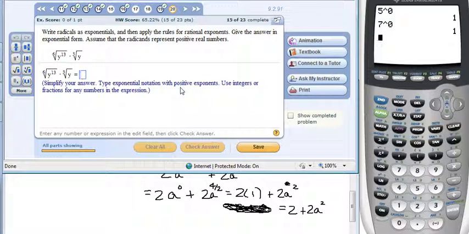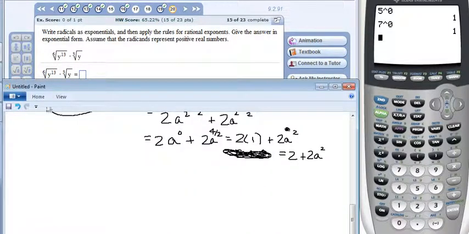I don't think this is anything different, really. Change those over to exponential notation. I don't think this is different. I don't know if I'm going to do this one for you. All right, we have y to the 13/6 times y to the 1/3. No, I'm not going to do that one.